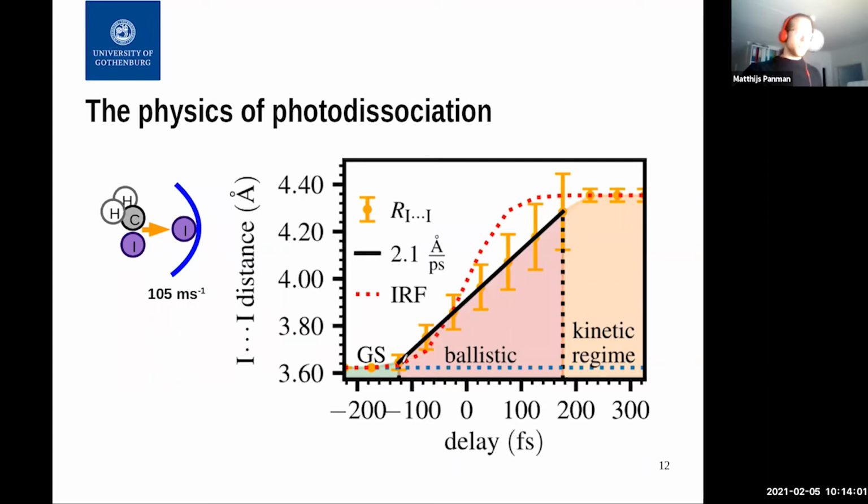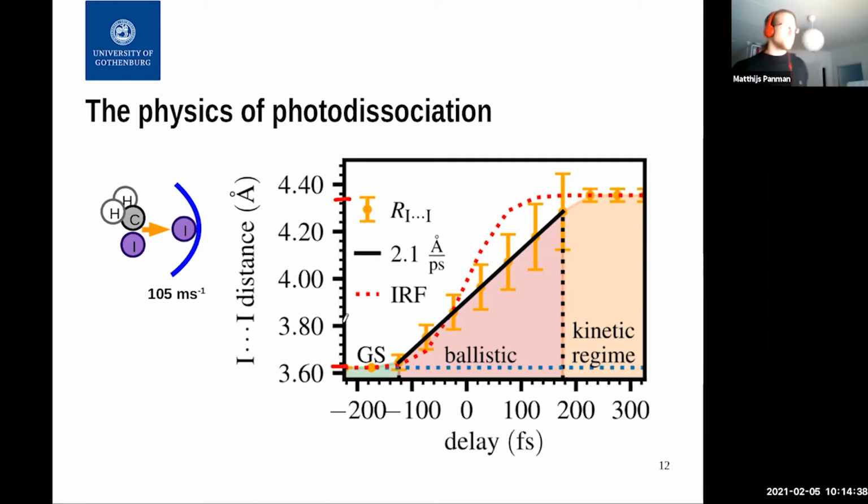And since we can track the position as a function of time, we can fit a straight line and get the velocity of the separating iodine atom, which is 2.1 angstrom per picosecond, or 210 meters per second. We also know that the iodine atom travels almost an angstrom before hitting the solvent cage.